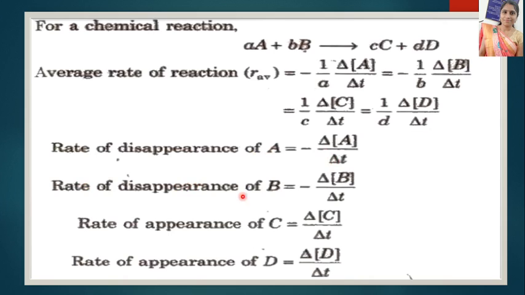Also, the rate of disappearance of B is given by minus delta B upon delta t. The rate of appearance of C is given by delta C upon delta t, with a plus sign because C is a product and its concentration increases, and the rate of appearance of D is given by delta D upon delta t.